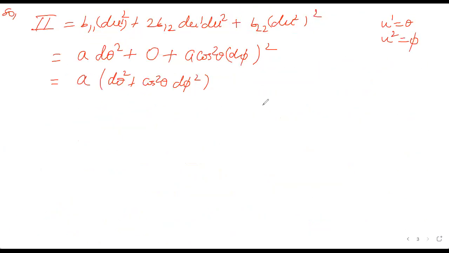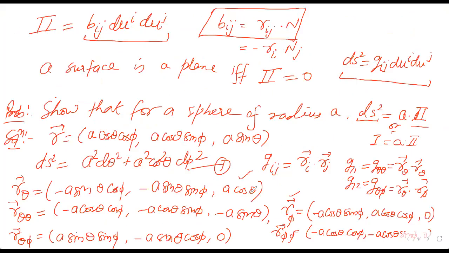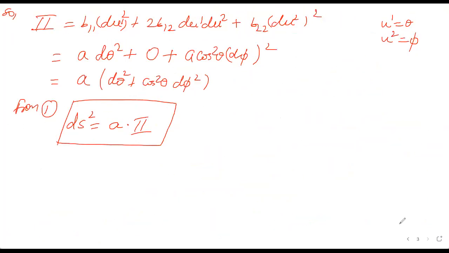So ds square, from 1, is a times of this; multiplying by one more a it becomes a square. ds square was this, a square was there, so we can multiply with one more a. Is it clear? Yes, sir.